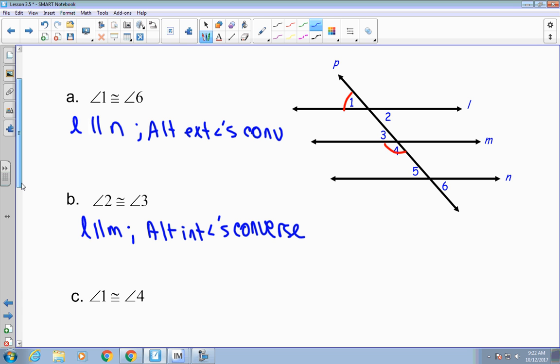No, because if you think of this like a quadrant, this is like first, second, third, fourth, first, second, third, fourth. This is like in the second, this is like in the third, right? So those aren't corresponding. And they're not consecutive interior because they're not both inside. They're not alternate interior because they're not both inside. They're both exterior, but they're not alternate exterior, right? So these are just two random angles that are congruent. So that's not enough to prove parallel lines. So in this case, we would put no parallel lines.